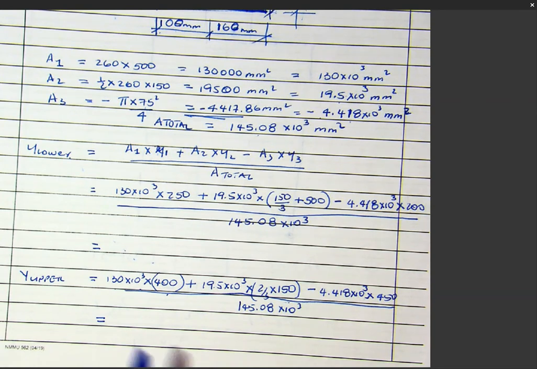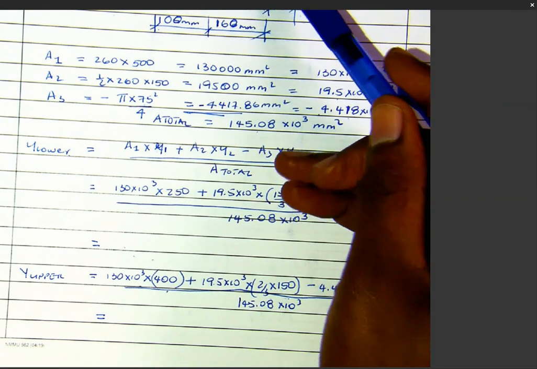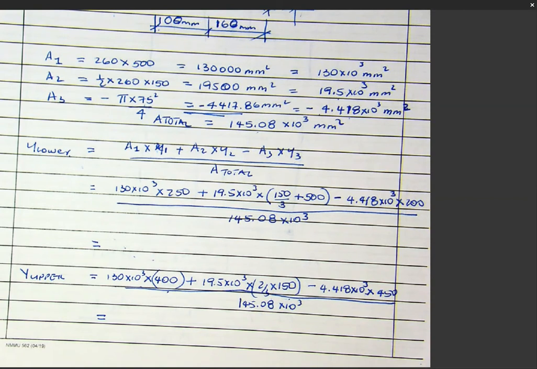So y lower is going to be the distance from the bottom to where you've got your x. Let me quickly punch it on my calculator. 130, 250 plus 19.5, that's 3 times, open brackets, 150 divide by 3, that's 500. I hope it's right.